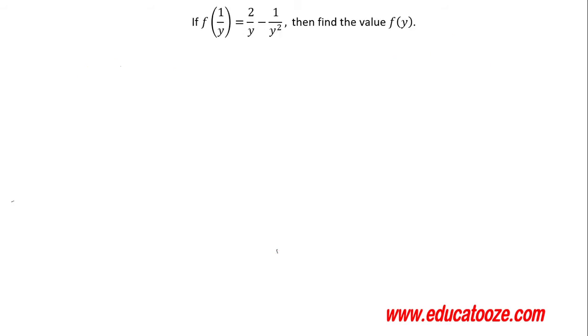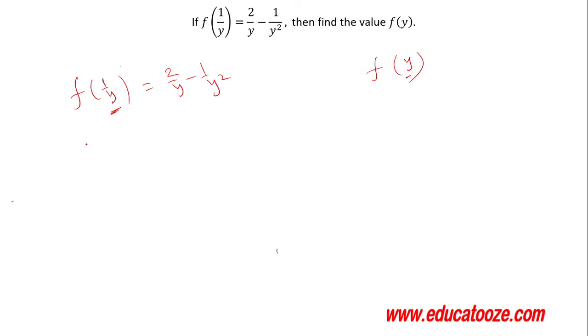Now see this example. Let us write f of 1 by y equal to 2 by y minus 1 by y square. We need to find f of y. Now just look at it. Here the variable is 1 by y, here the variable is y.